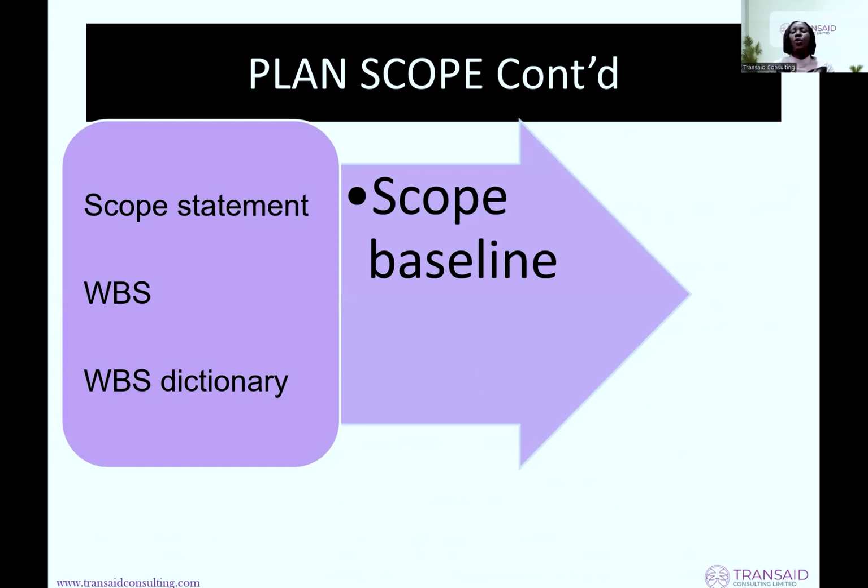So these are the documents that will be there: the work breakdown structure, the dictionary, and the scope statement. Remember, in scope: these are the things we're doing, these are the things we're not doing. So these three things will form your scope baseline.